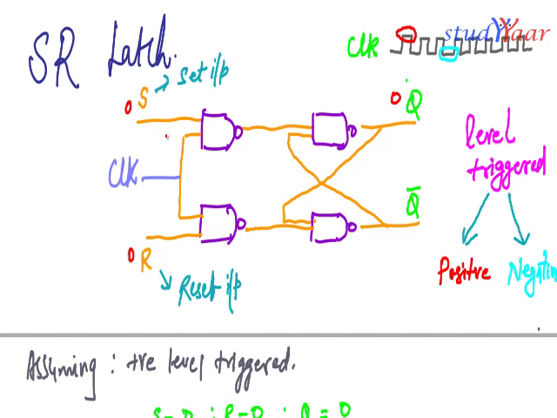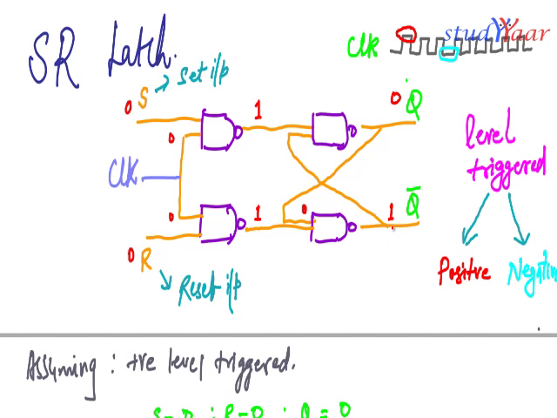Look what happens. If this is 0, this is 0, then 0.0 bar is, this is 1, and here you have a 0, because Q is 0, so here you have a 0. From here again 0.0 you get a 1, 1.0 the whole bar is 1.